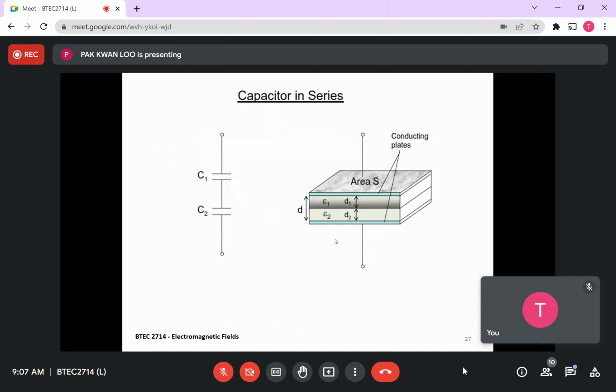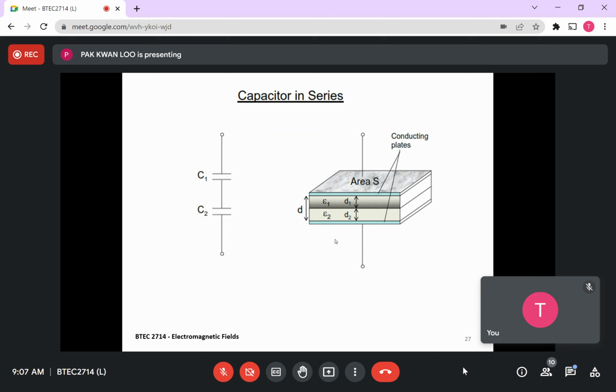So now, let's say there are two different dielectrics between the two parallel plates, and each dielectric has a thickness of D1 and D2. The total added thickness is D.